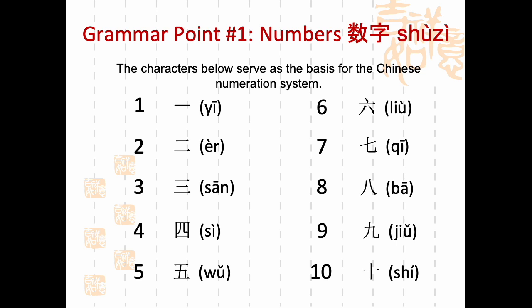Let's practice. 1, you would say 一. 2, 二. 3, 三. 4, 四. 5, 五. 6 is pronounced 六. 7, 七. 8, 八. 9, 九. And 10, 十.